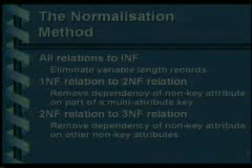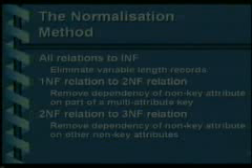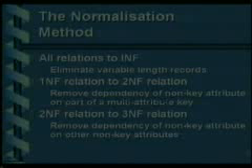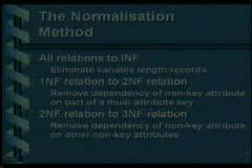Now, what do we do? All relations to 1NF. How do we do that? Eliminate variable length records and you just get a table. Over. 1NF relation to 2NF relation. What do we do? Remove dependency of non-key attribute on part of multi-attribute key.